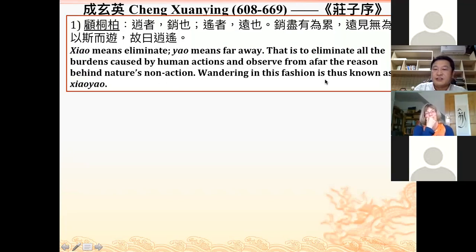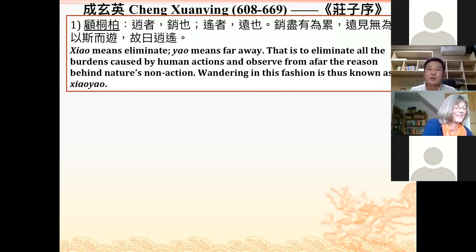Wandering in this fashion is thus known as xiaoyao. Evidently, he treated xiao and yao as two different words with individual connotations, which is a misunderstanding of the term because he didn't know that this is a binom.